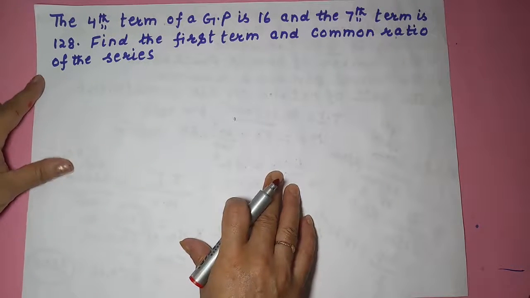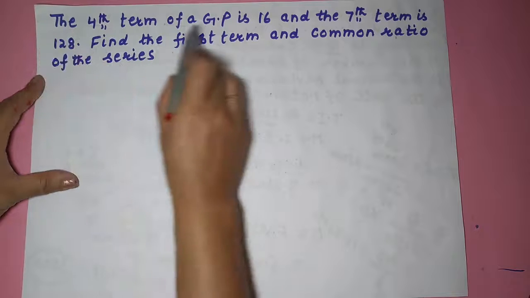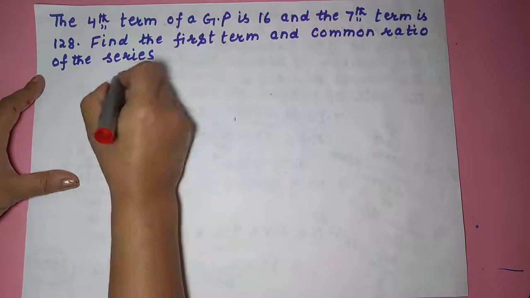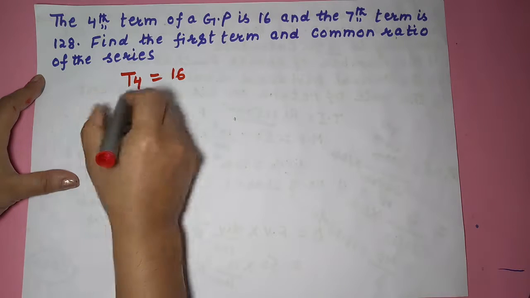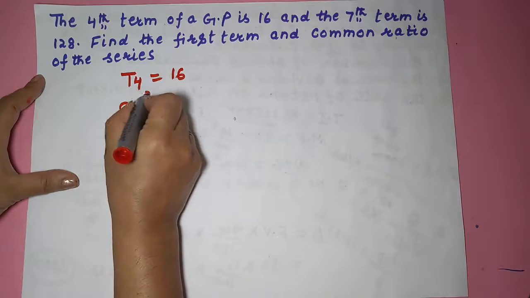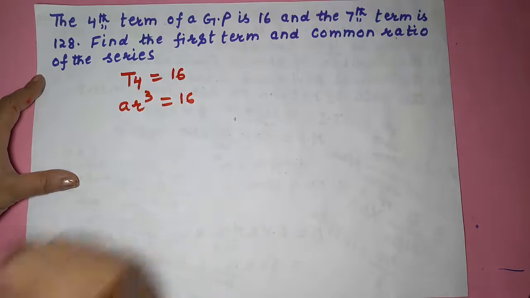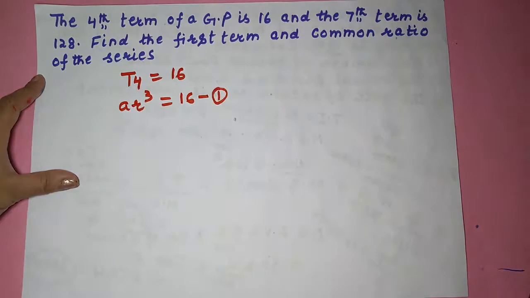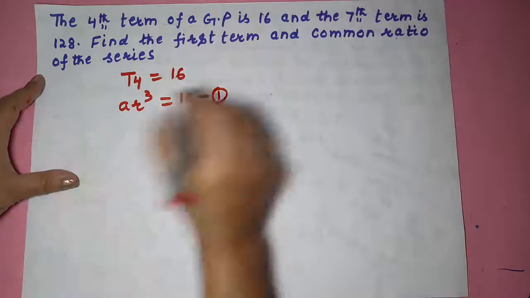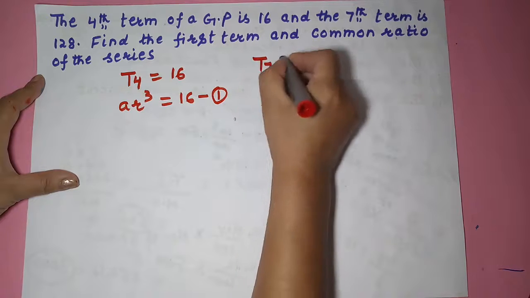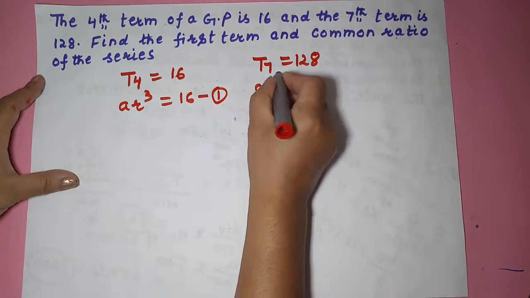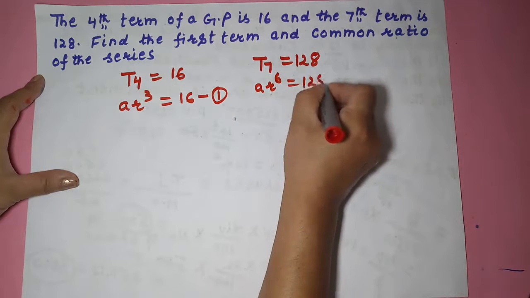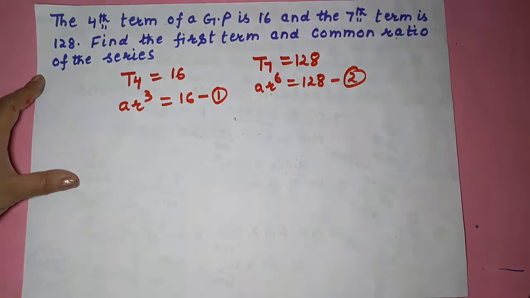Now, he's saying that the 4th term of the GP is 16. So T4 is 16, which means AR cube is equal to 16. Let this be my first equation. And the 7th term is 128, so T7 is 128, which means AR^6 is equal to 128. This is my second equation.